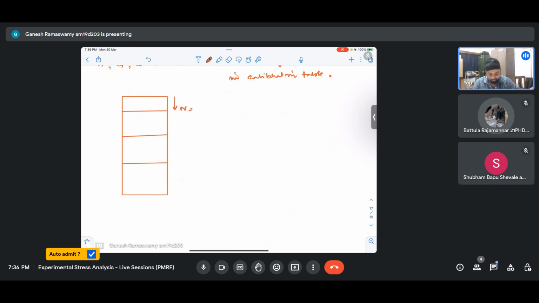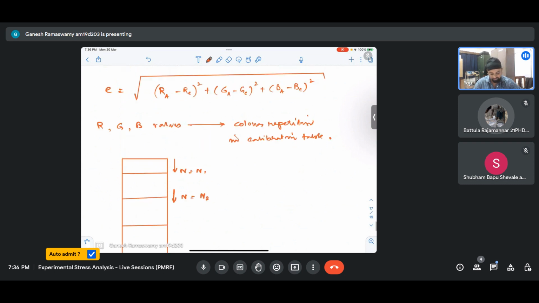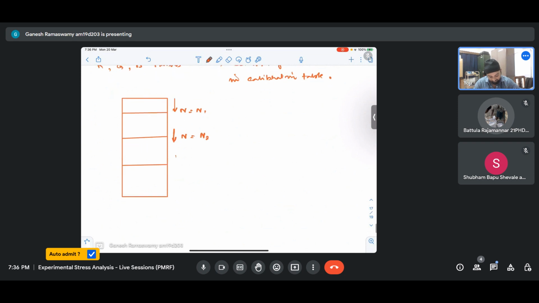If suddenly this point was skipped and it identified the same RGB combination somewhere else, it will give fringe order as n2. So there will be a sudden jump in the fringe order, which is why simple color matching is not an effective way to do this analysis. If the scanning was done over here, it will report it as n3. So there will be no continuous variation of n.